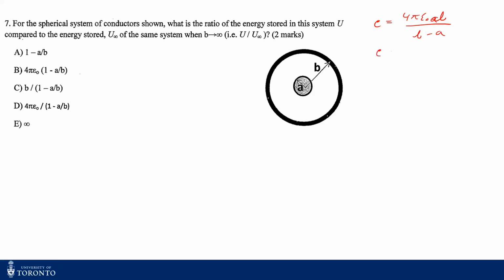So I take my b out as a common factor from the denominator, so this becomes a by b.